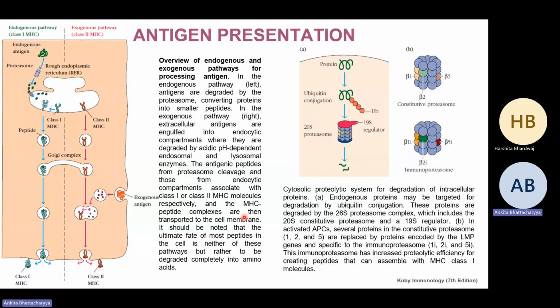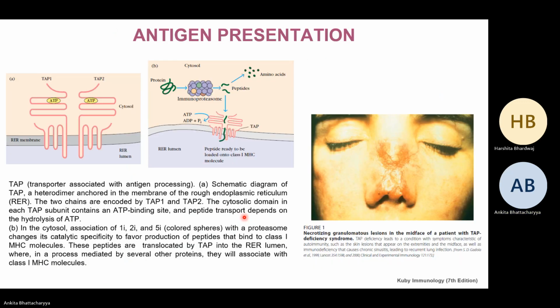Then here we understood antigen presentation in more detail, the role of tapasin, TAP-associated protein, etc. All of this was extensively studied, particularly the role of the Golgi and the clearance. So here we understood how tapasin works, and TAP1 and TAP2 are involved.